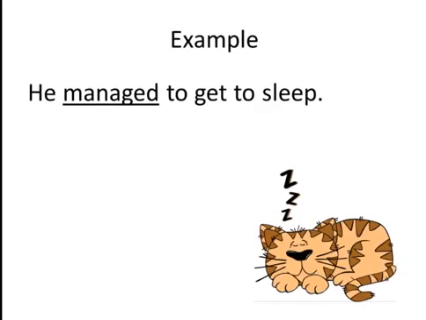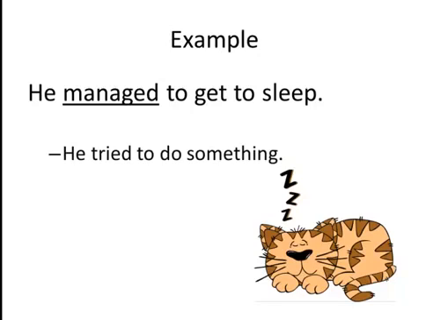Let's have a look at an example. So, he managed to get to sleep. Now we're looking at the meaning of managed. Looking in a dictionary is helpful because although I know you know what managed means, sometimes it's hard to really pinpoint it when you know it automatically.